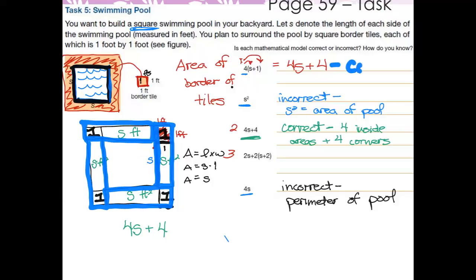So this is also correct. And if you distribute the last one, you get 2S plus 2S plus 4. 2S plus 2S is 4S plus 4. And that also is going to be correct.